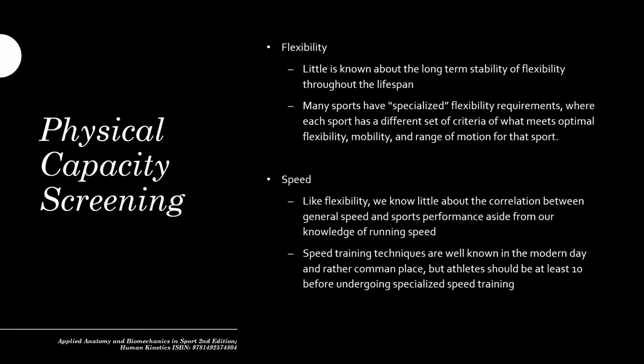This is kind of a gray area for us in research. Very little is known about the long-term stability of flexibility throughout the lifespan. But we do know that many sports have specialized flexibility requirements. So each sport is going to have a different set of criteria that meets the optimal flexibility, mobility, and range of motion for that sport. So something to consider with different sports.